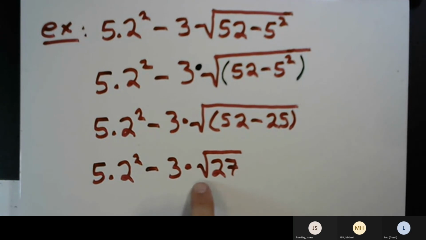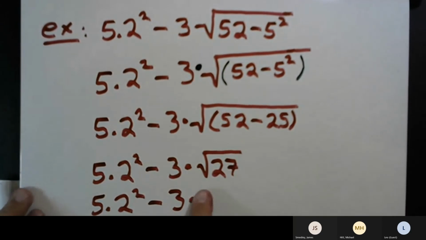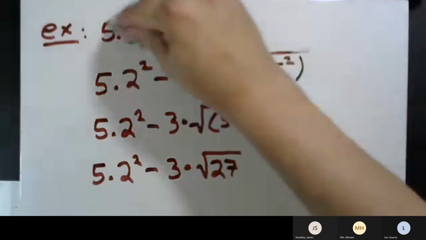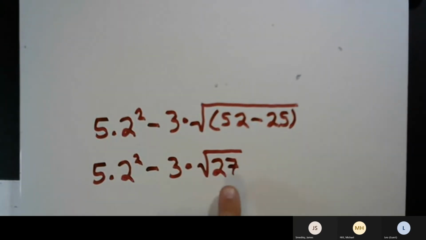Now, this is a number that does not have what's called a perfect square root, so you might have to drag a bunch of decimals with you for a while. So the next step we're going to do, well, we'll get to that in just a second. But now we've taken care of what's inside the square root. Now we're ready to take the square root of this number. It's not a perfect square root, so okay, that's not going to be a problem.